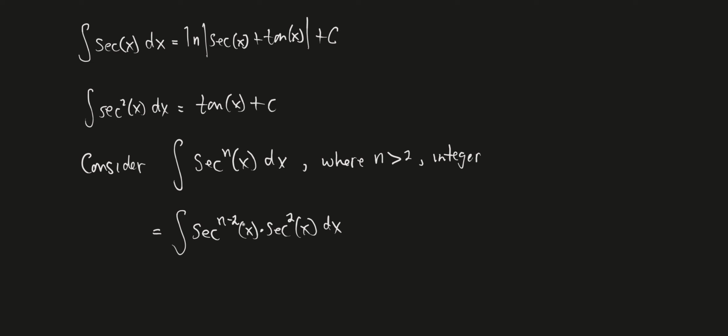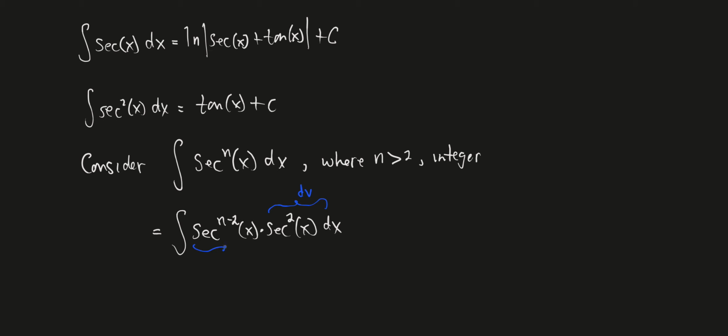Well, look at what we have up here. We have a fairly simple integral for secant squared. And since I have a secant squared here, I am going to choose this as my dv because it's relatively easy to integrate. And then by default, this would have to be my u.